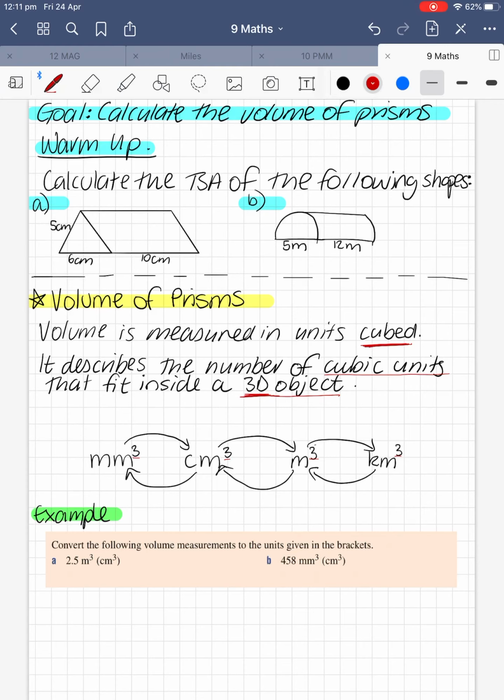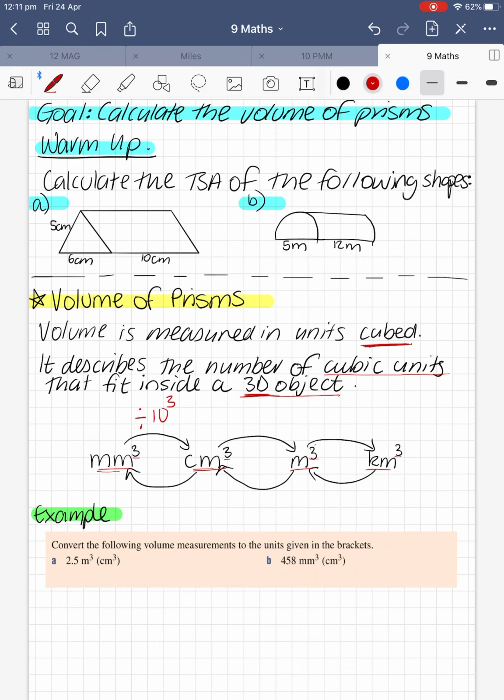types of volume units. Also a bit of a reminder here of how to convert between millimeters cubed, centimeters cubed, and so on. Normally when we convert from millimeters over to centimeters, we need to divide by 10.